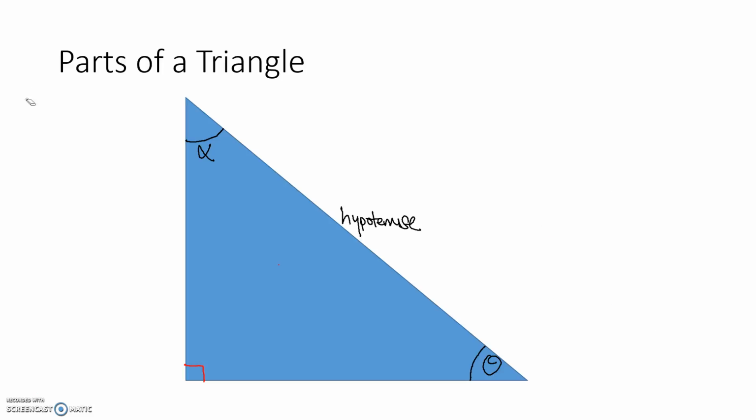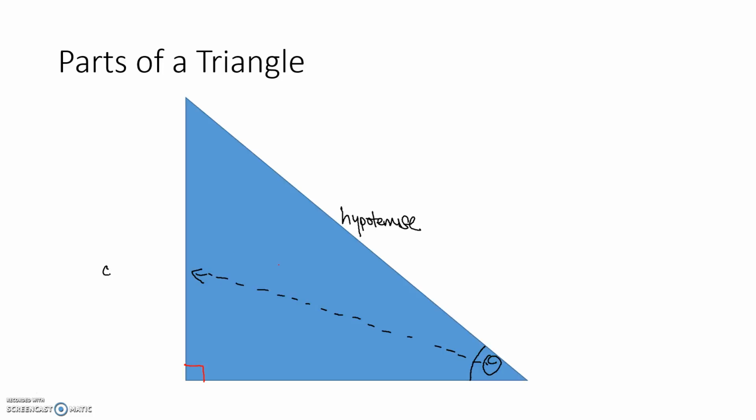So if we forget about alpha and just concentrate on theta, if we imagine theta to be an eye, and you look across the triangle from the perspective of theta, you reach the opposite side of the triangle from theta.